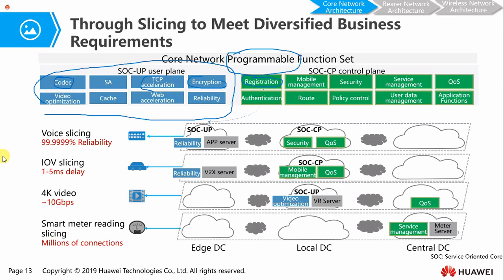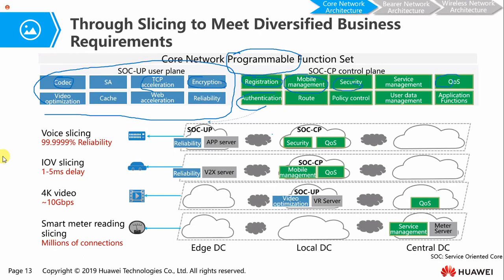And mobility management, like location update, like handover, TAU, and so on, and security, QoS, and authentication. These functions are used for the control plane. So there are different functions that are programmable, and we can deploy these functions to the core network.